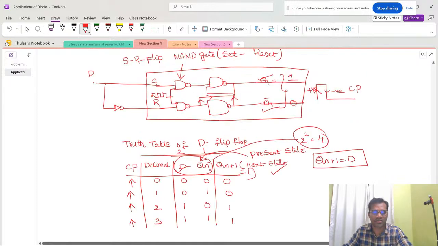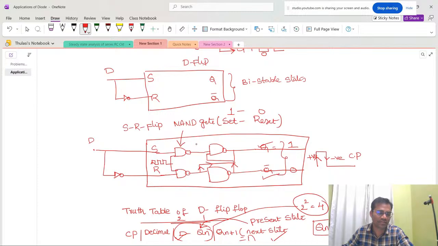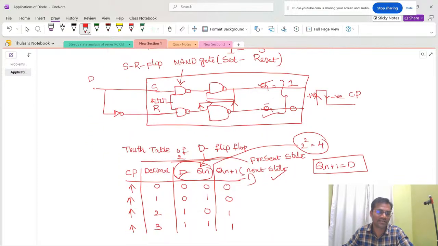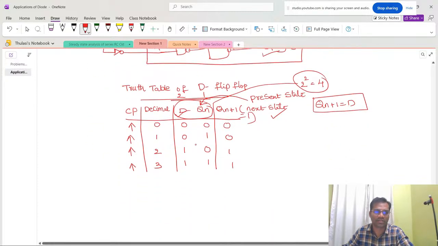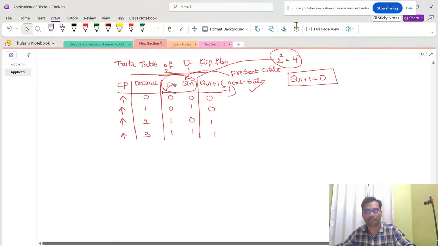This is how we had drawn the SR flip flop, and from the SR flip flop we get the delay flip flop. We drew this SR flip flop and delay flip flop with the help of NAND gates, and we developed the truth table. Now let us go forward to develop the characteristic equation of this flip flop.